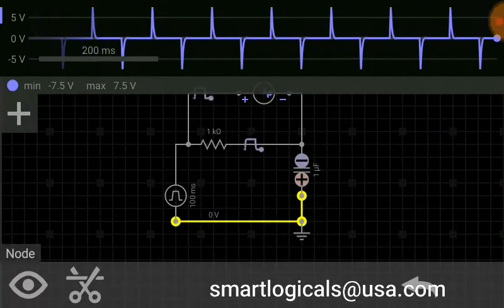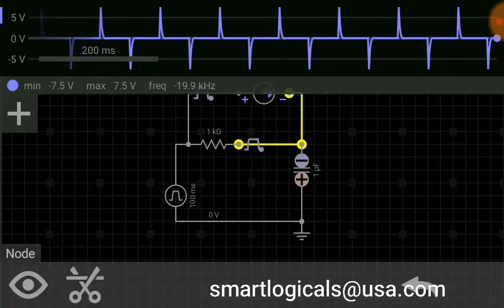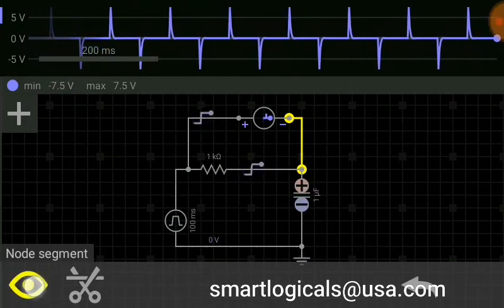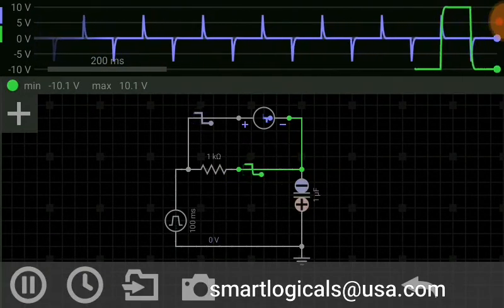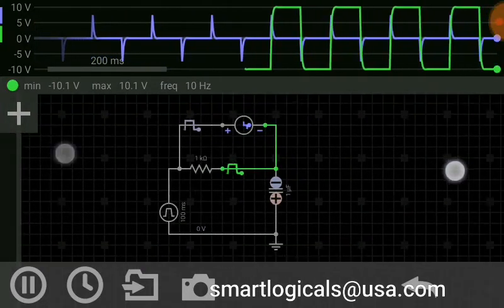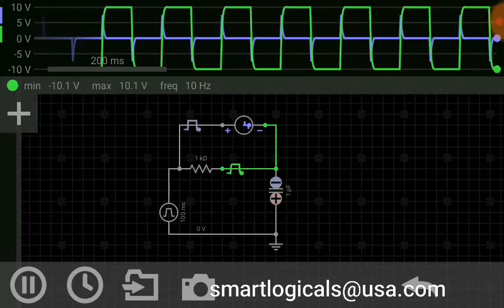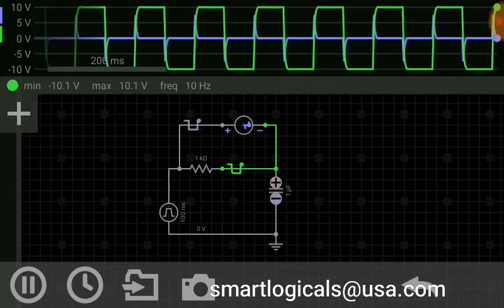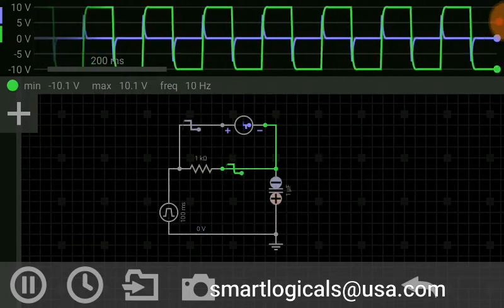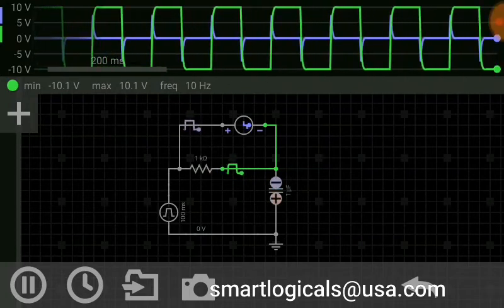If we see the voltage across the capacitor here, this is the case when the time constant is far smaller than the time period of the applied square wave.